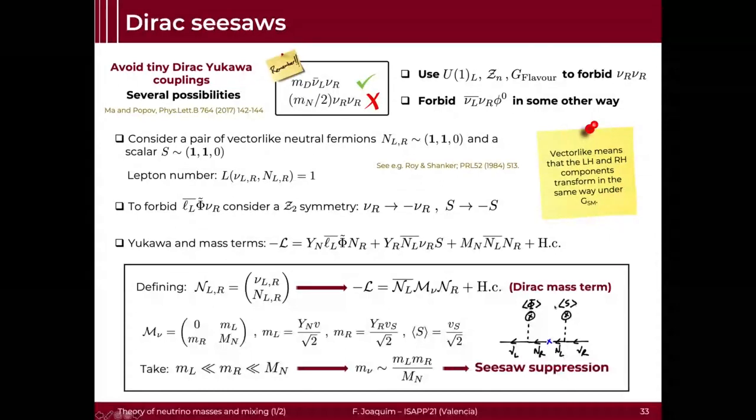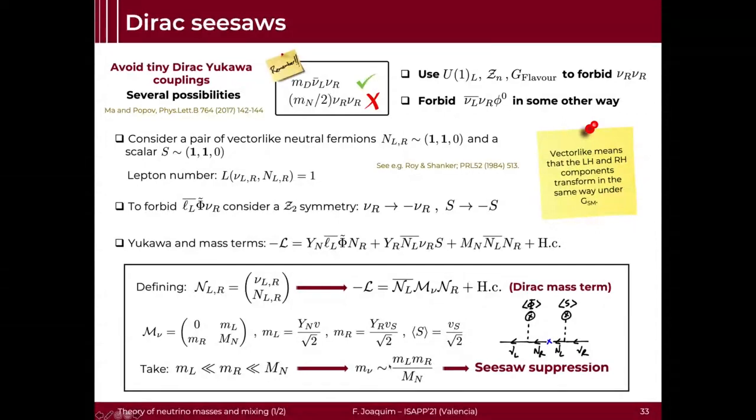And then when φ and S acquire a VEV, you will get this effective neutrino mass matrix.